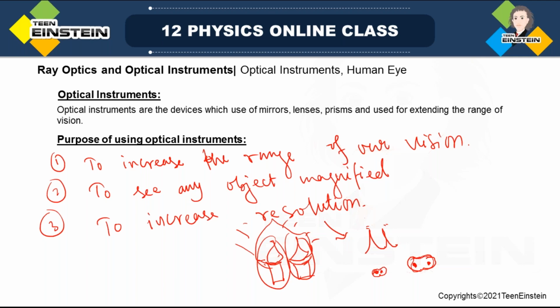But if your microscope has better resolution power, you can see them distinctly, one person can see these two distinctly.